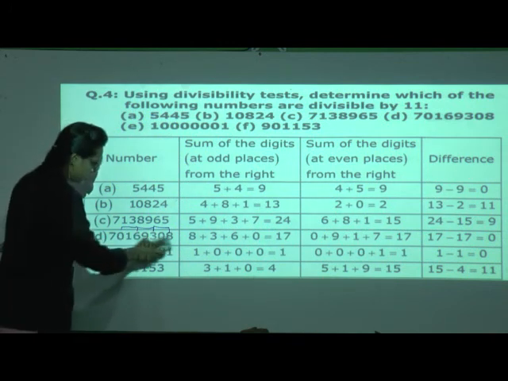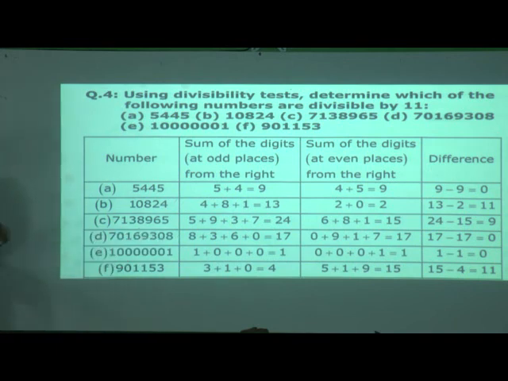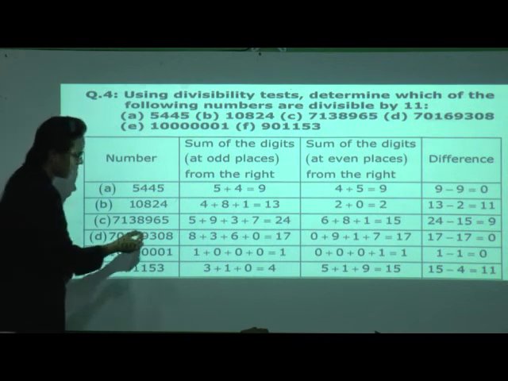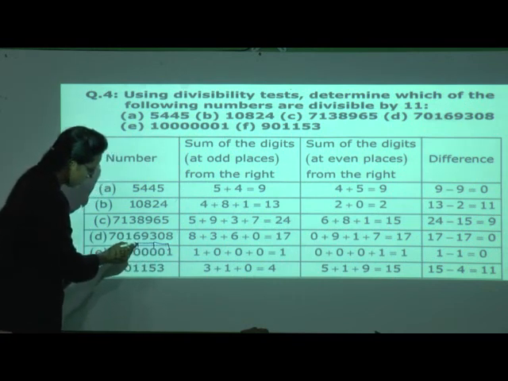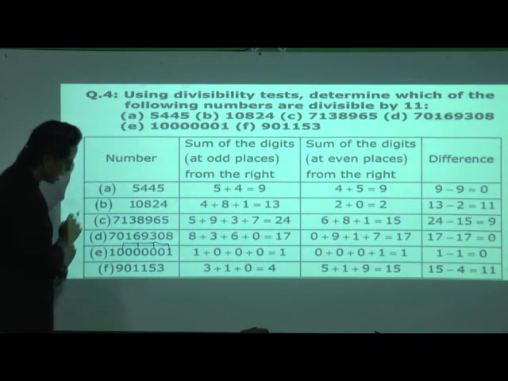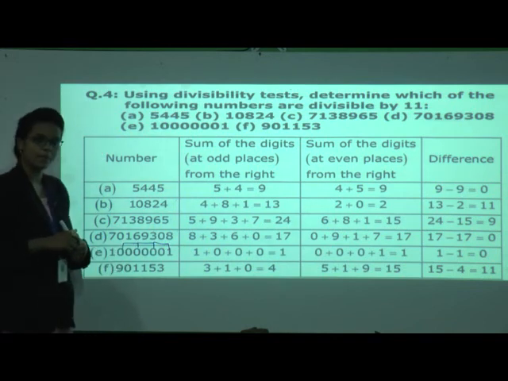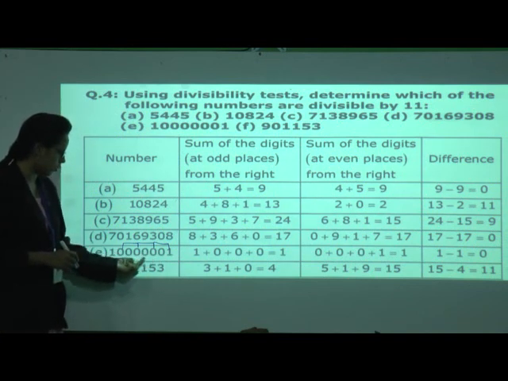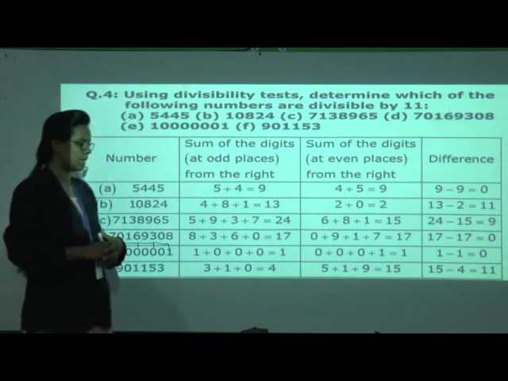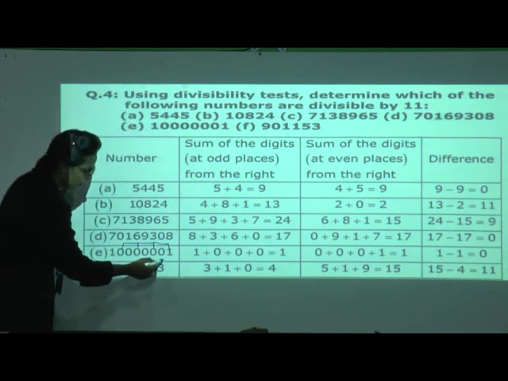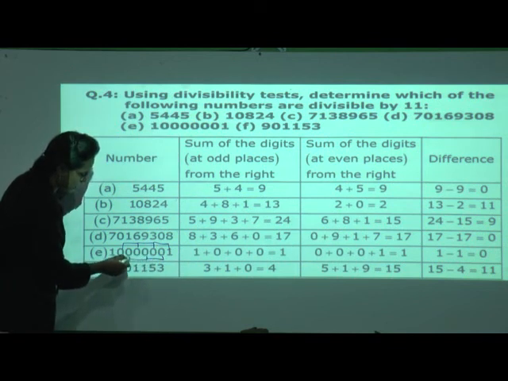Let us take the next one. Now see here, we take from the right the odd places: first, third, fifth and seventh. So 1 plus 0 plus 0 plus 0, the sum is 1. Now we take the even places: second, fourth, sixth and eighth.